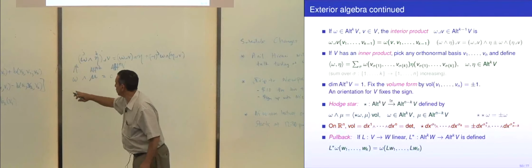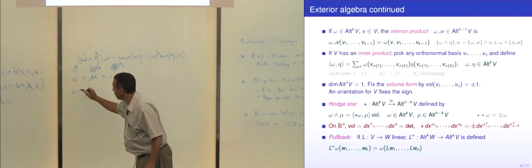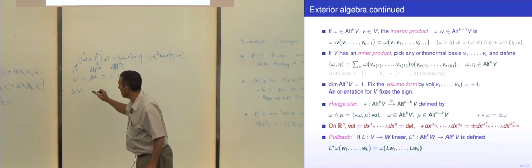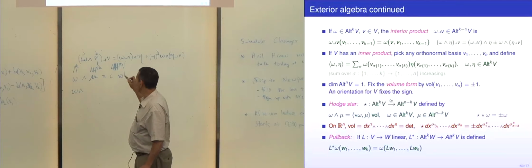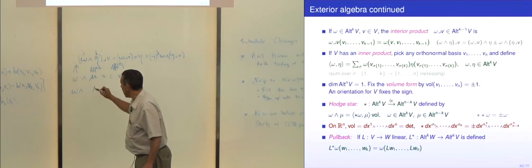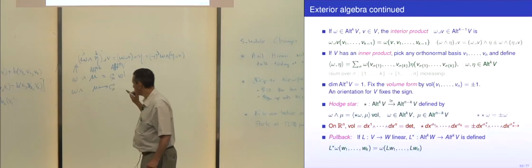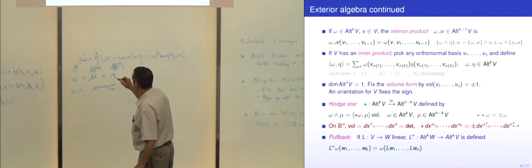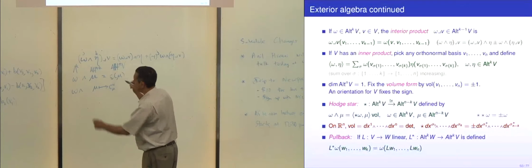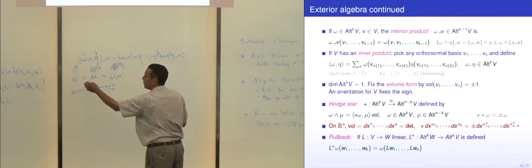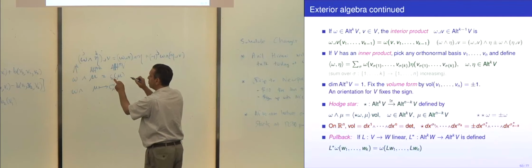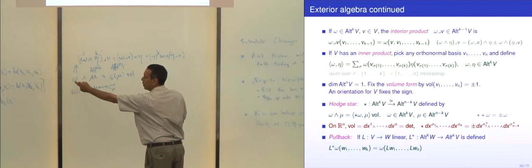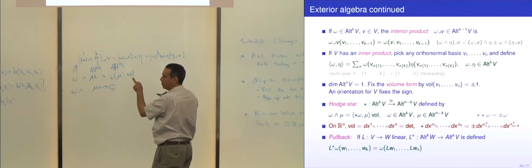So wedging with omega and sort of dividing by the volume form gives us a map that takes mu to, let's call this c omega of mu. So pick an omega, and it gives you an operator that, taken any mu, gives you a real number c omega mu, which is the one that omega wedge mu is just that real number times the volume form.